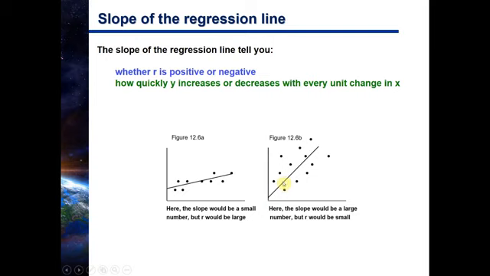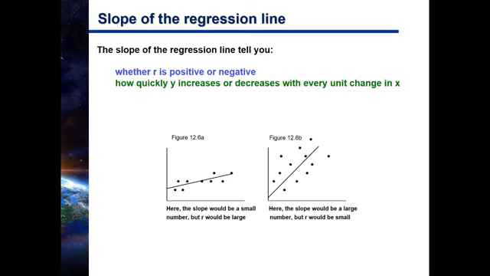So that's why I say up here, the slope of the regression line tells you how quickly or how much y increases or decreases with every change in x. So when you move 1 unit on x, how quickly do you see a change in y, or how big is that change in y?